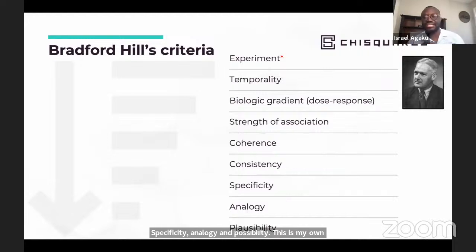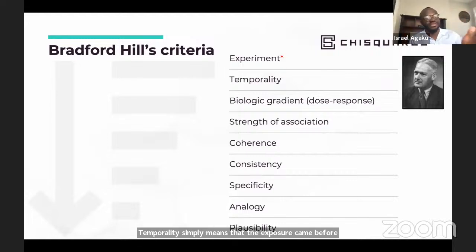This is my own personal way of arranging them from the most powerful to the least powerful. I start from experiment because if there's an experiment, then obviously experiment also includes elements of temporality. Temporality simply means that the exposure came before the outcome, right?